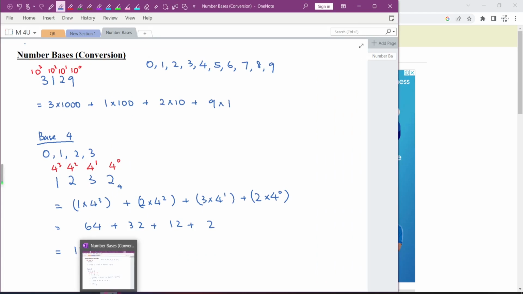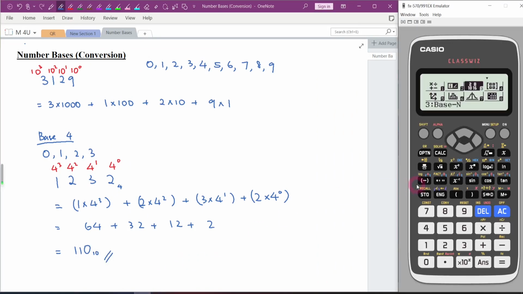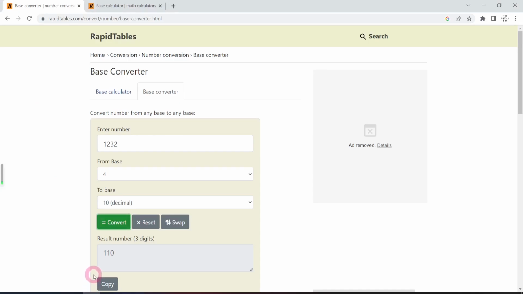So this is the way we use our calculator to help us do the conversions for base 10, base 16. Base 16, I will not discuss here because this is not within your syllabus, but actually your calculator can help you to do the conversions for base 16. So this is base 2 and this is base 8. Maybe at home you want to try other bases yourself, you can use Google to help you.